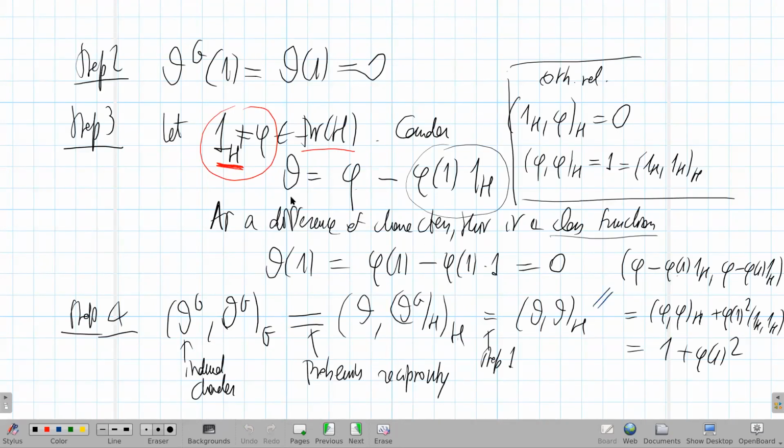Theta is the difference of an irreducible character minus phi 1 times 1_H. So if you take the inner product of theta with 1_H, phi is different from 1_H, so that inner product is 0. You get minus phi 1.